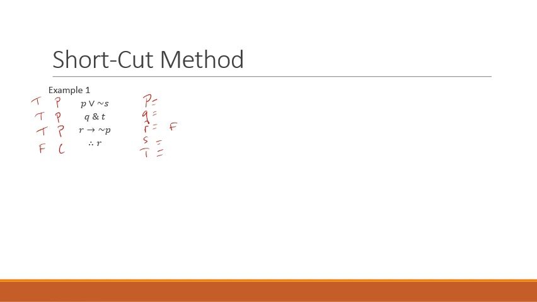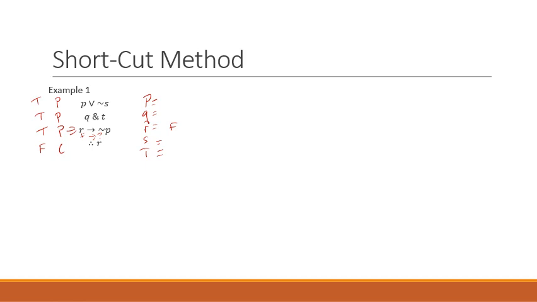So R has to be false in order for us to have a false conclusion. And again, that's what we're trying to see if this is possible. Can we get all true premises and a false conclusion? So that's the conclusion, and that's R. And one nice thing about that is if R is false, then with premise 3 over here, we're going to have false arrow something, right? It'll be either false arrow true or false arrow false.